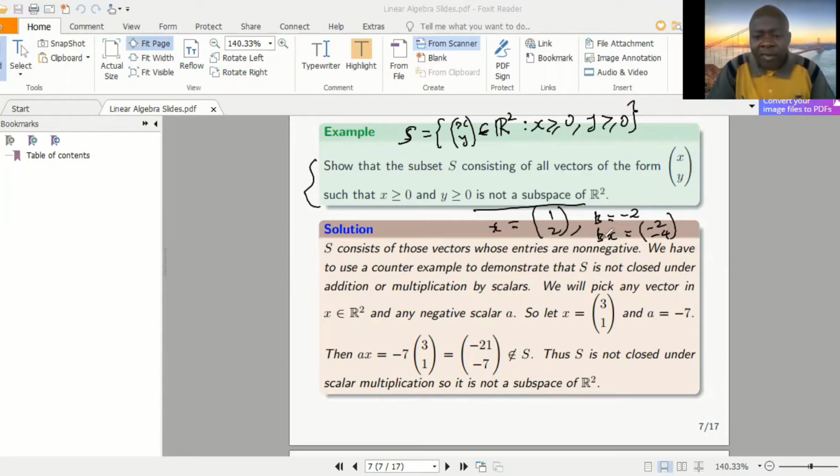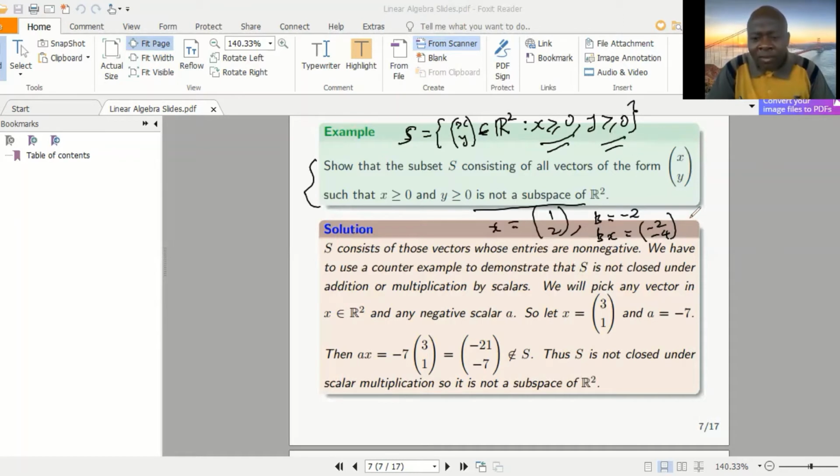Now, is this new vector here in S? Let me check if it's in S. Here my x is now negative 2, but I can see that negative 2 is not greater than or equal to 0. What about my y? It is not greater than 0 either.